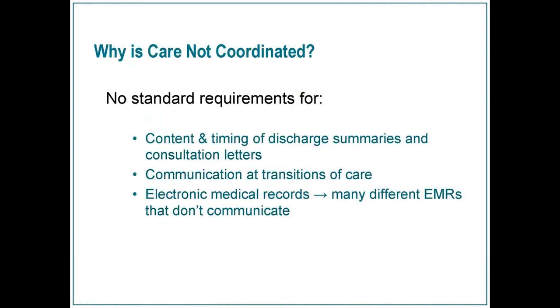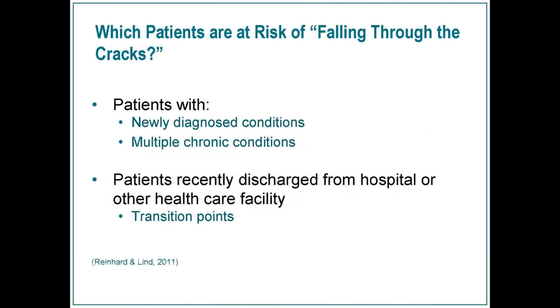So another reason that care is not coordinated was discussed earlier. There's no standard requirement for not only the content, so the standardized template is great, but also the timing of completion, and the timing that the family doctor actually can see it. So it's not about when it's completed necessarily. It's if it then gets put in the mail and it's sent to maybe the wrong address.